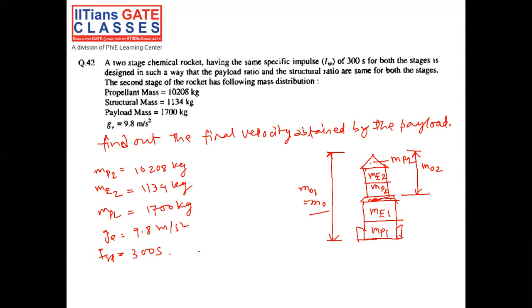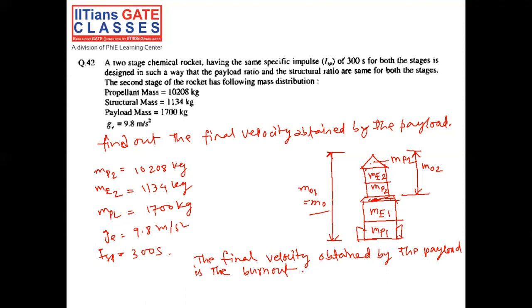So the final velocity obtained by the payload is the burnout velocity at the second stage, right?